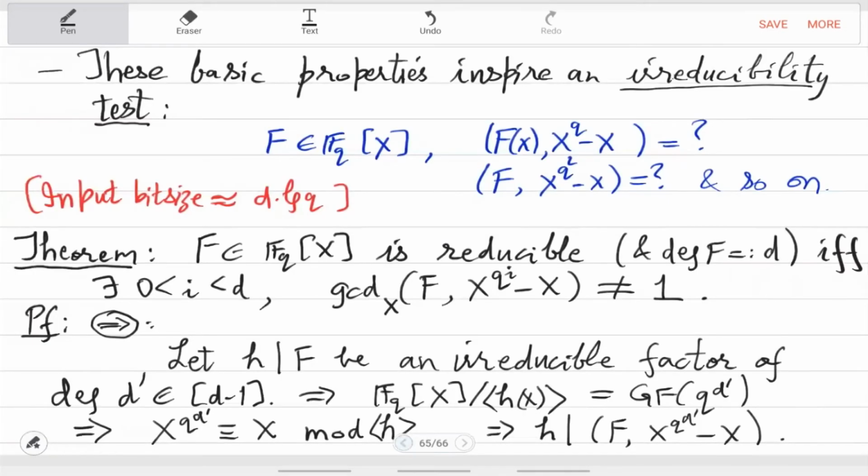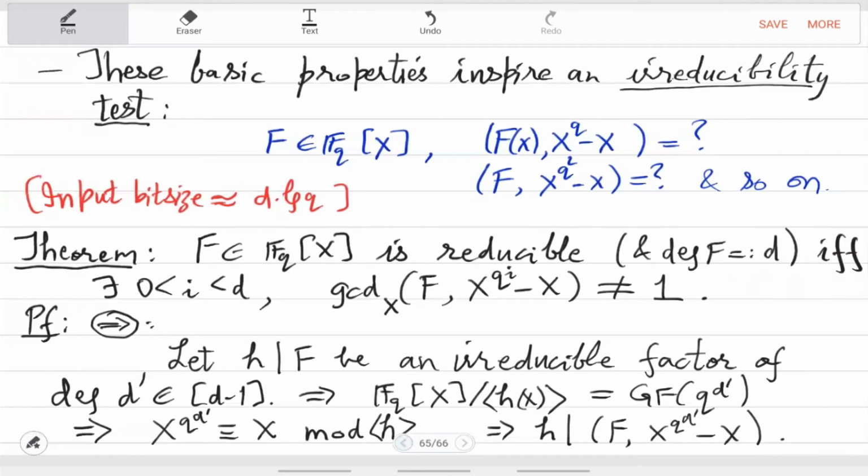Building on that, you can show that an input polynomial is reducible if and only if for some I, this GCD is not 1. Or equivalently, an input polynomial is irreducible if all these GCDs happen to be 1.